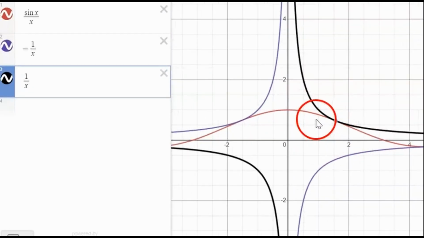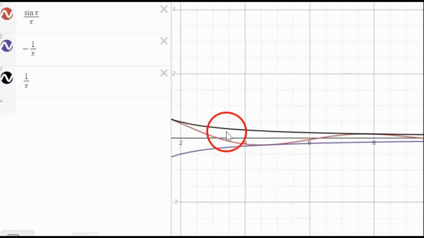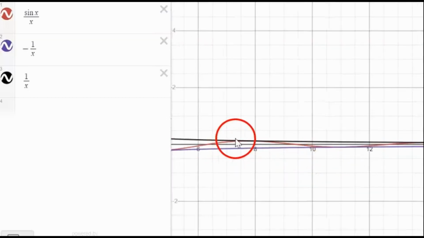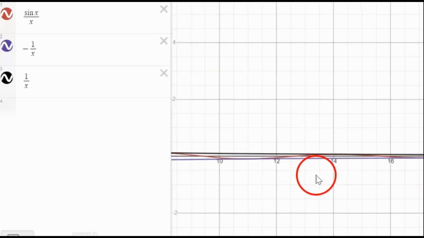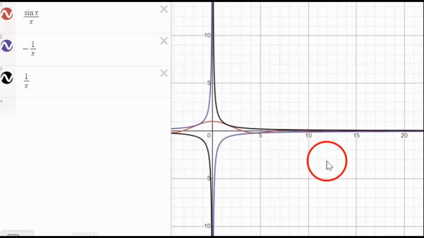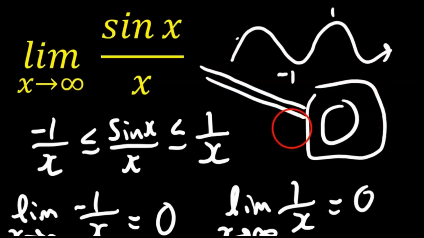Our function is red here. And see, our function oscillates in between the purple and the black. As we go to infinity, see what's happening? The purple and the black are squeezing into the x-axis, and our function is oscillating back and forth between these two functions. So as we go to infinity, they all approach 0. And life is good, if 0 is good.